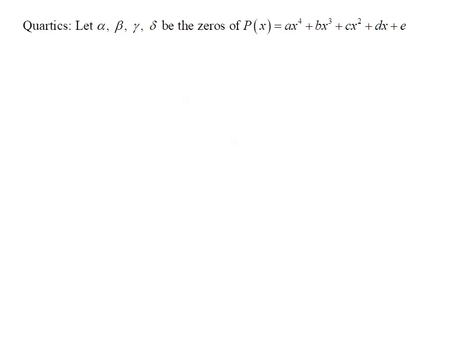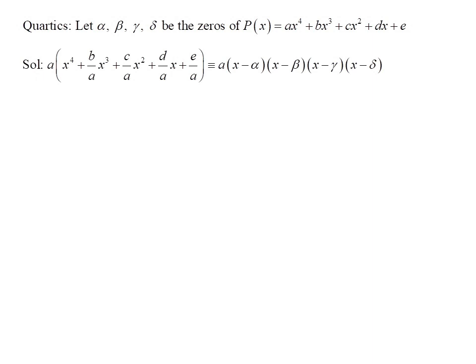The next polynomial we are going to explore is the quartic polynomial. A standard form of the quartic polynomial is presented here, and we assume that alpha, beta, gamma, and delta are the zeros of this quartic polynomial. First, we take the leading coefficient a out of the parentheses so that the polynomial inside the parentheses is a monic polynomial.